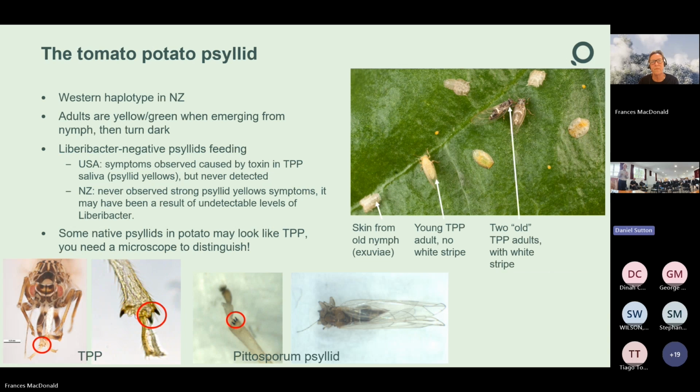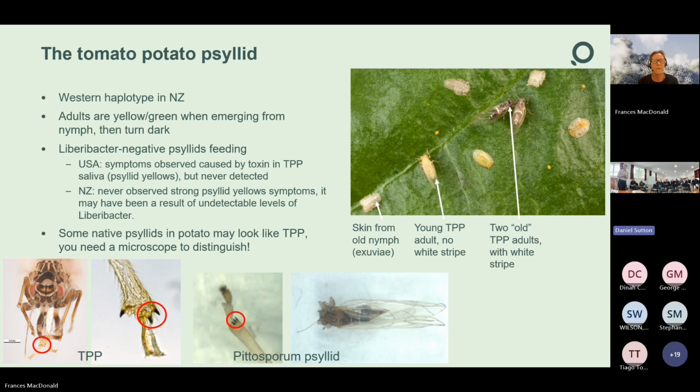In New Zealand, we have the West. Again, the psyllid is divided up into haplotypes, not just like the Liberibacter. This is all United States vocabulary, so they've called it the Western haplotype, from the California area. That's very likely where our psyllid came from.